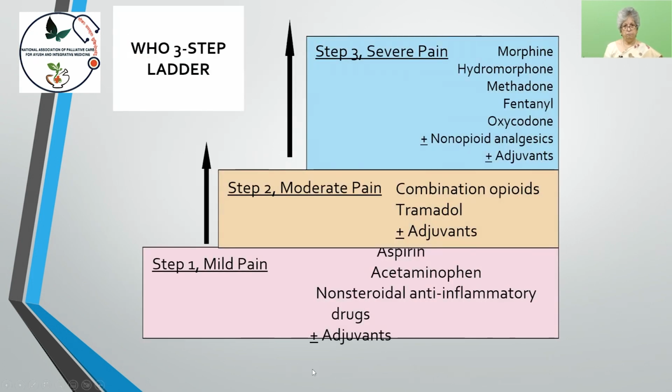The simplest way of treating cancer pain is by the WHO 3-step ladder. There is a separate lecture on this also, which I will be talking about after this. WHO has simplified the way you should give pain management medicine in cancer patients by putting them in 3 different categories: step 1, step 2 and step 3.